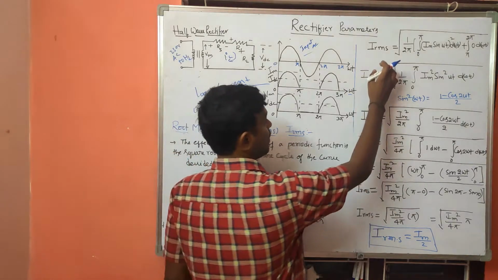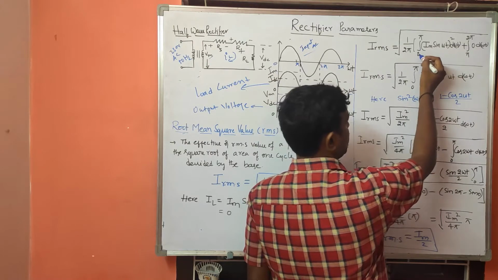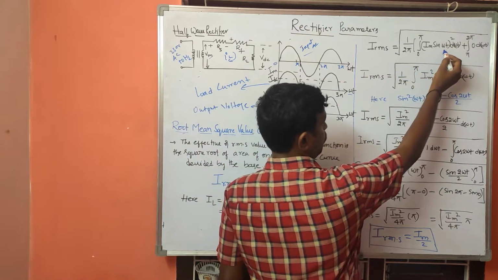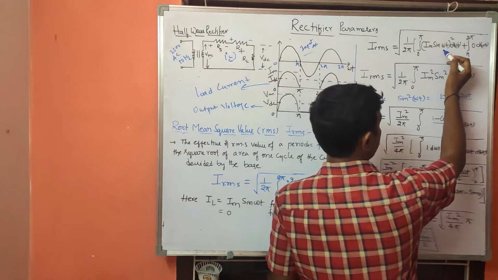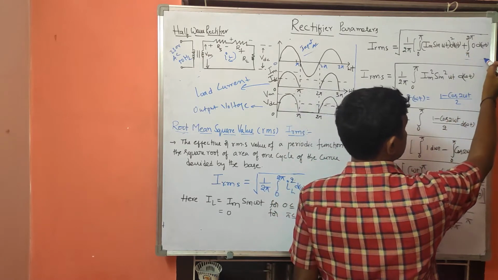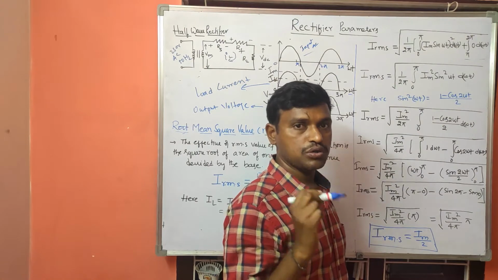Therefore IRMS is equal to the square root of 1 by 2 pi, integral from 0 to pi of Im sin omega t whole square d omega t, and the second part is 0 because from pi to 2 pi IL is equal to 0.